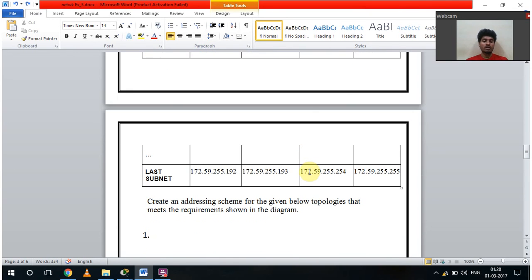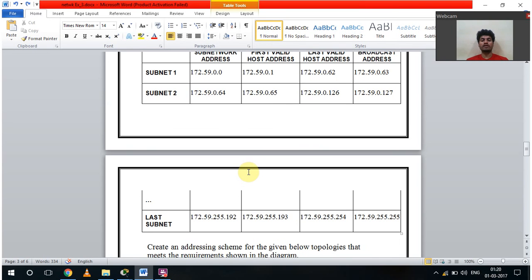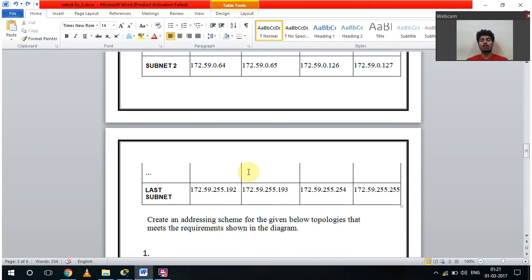So the last valid host address will be 172.59.0.126. Likewise, the last subnet will be 172.59.255.192, and its first usable host address will be 172.59.255.193.